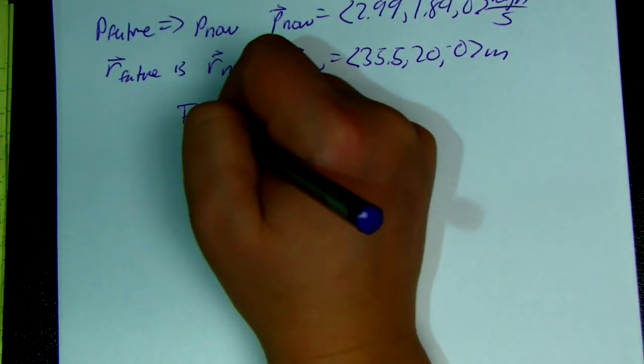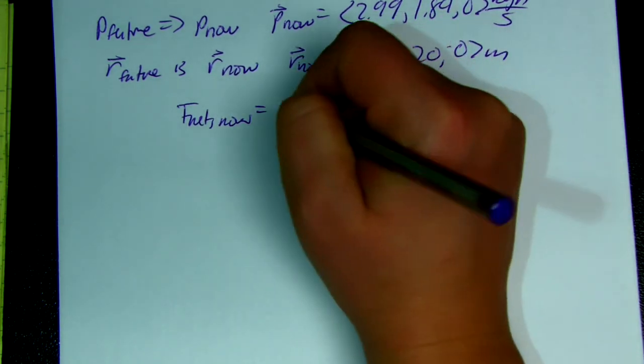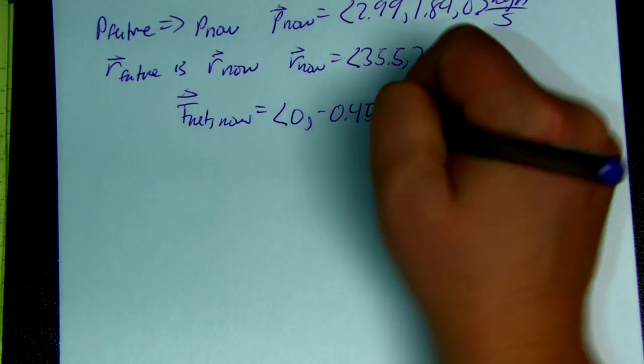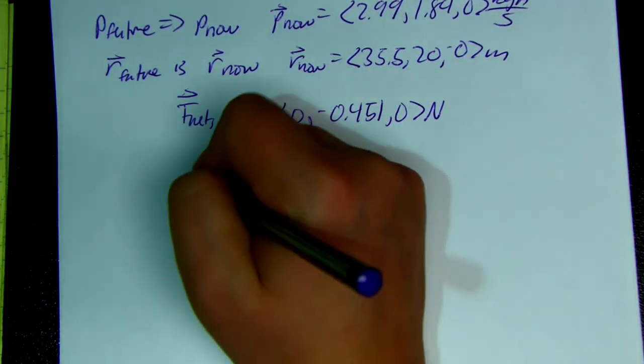F net does not change. It's still equal to <0, -0.4510, 0> newtons.